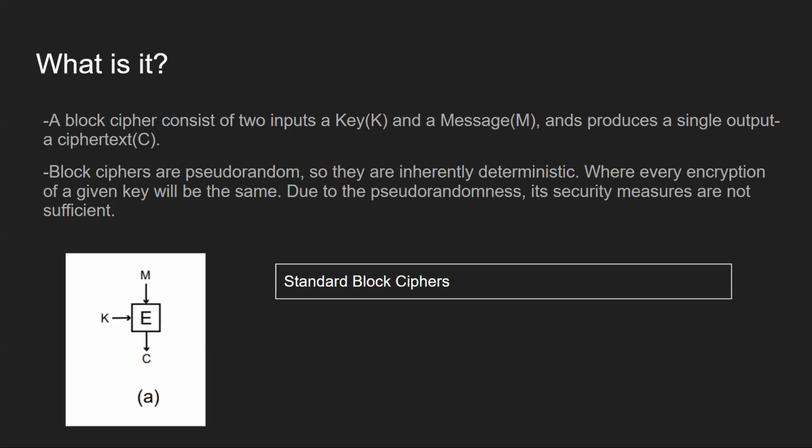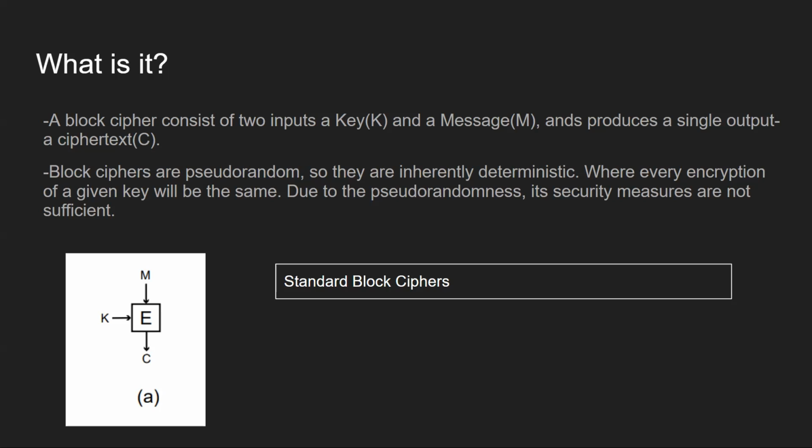It's an algorithm that consists of two inputs, a key K and a message M, and produces a single output, a ciphertext. One of the main issues a block cipher had was that block ciphers are pseudo-random, so they are inherently deterministic, where every encryption of a given key will be the same, and due to this, its security measures are limited.